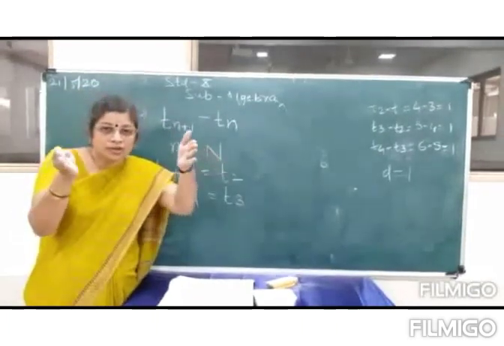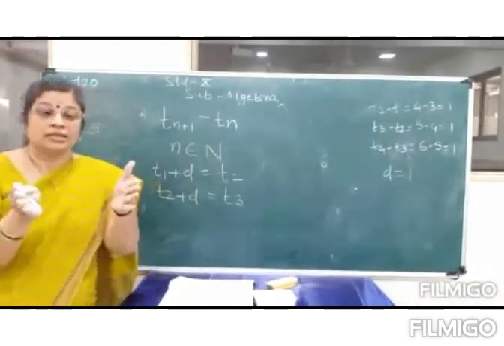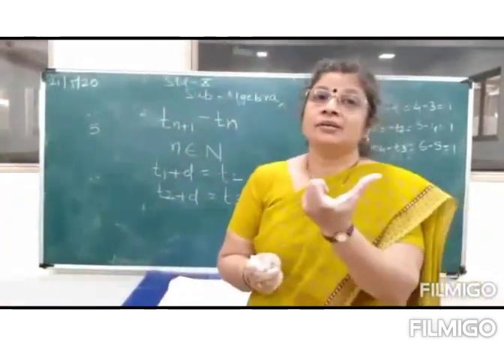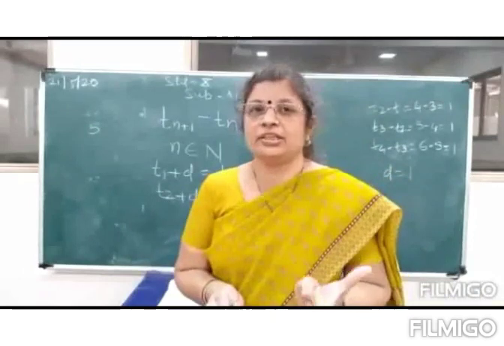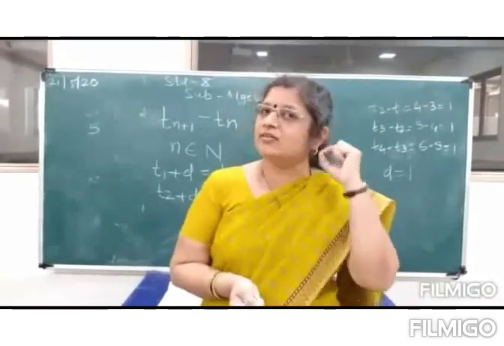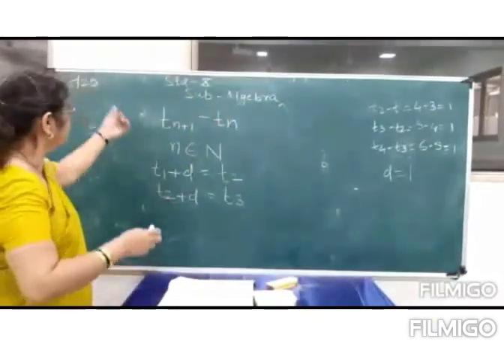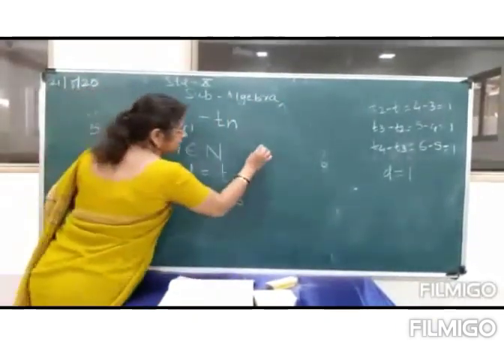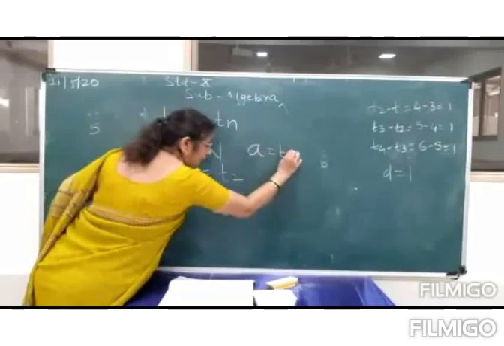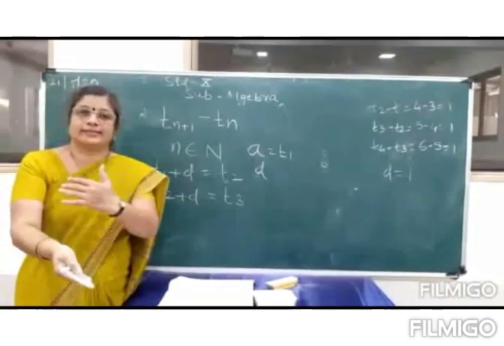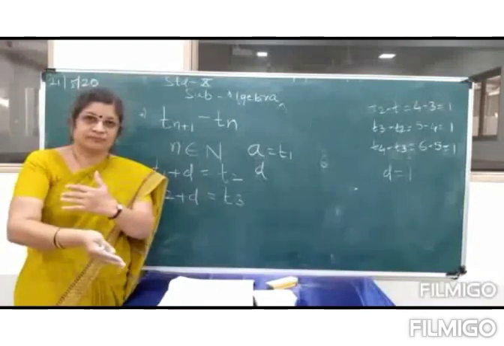Means I have taught you two things. When the sequence is given, you can find out the difference between the two consecutive terms, that is the value of D. And the other way, if you know the first term of the sequence, that is A or T1, and if you know the value of D, you can find out the next term of the sequence.